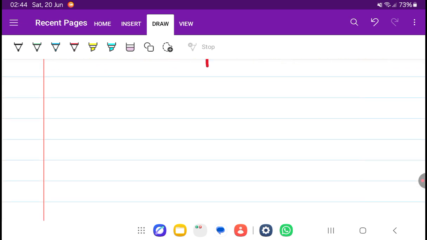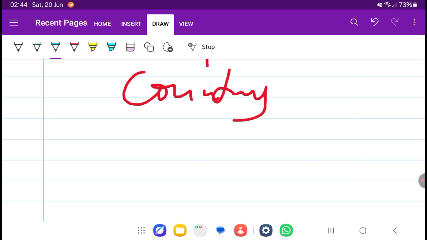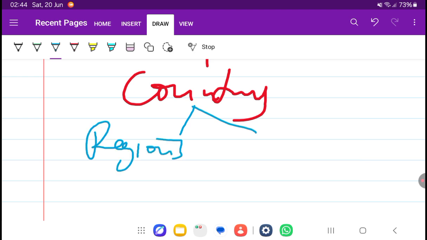We've said if, let's say, you are looking at a country, you can pick out regions. Maybe this is East, maybe this is Central region.